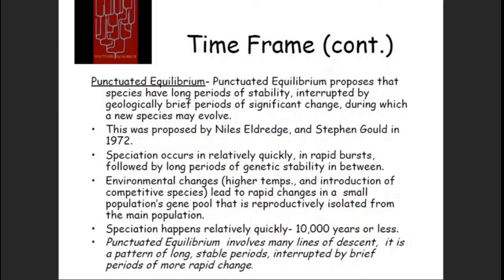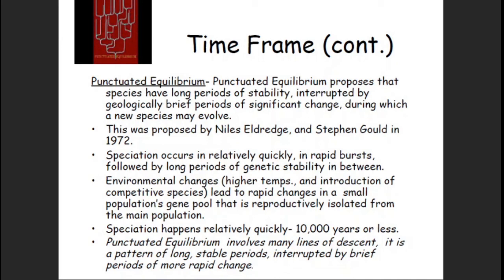Next is punctuated equilibrium. This theory believes the process of evolution may not be a gradual one, but has breaks in it: there is a long break, and for a small fraction of time changes take place. Punctuated equilibrium proposes that species have long periods of stability interrupted by geologically brief periods of significant change during which a new species may evolve.